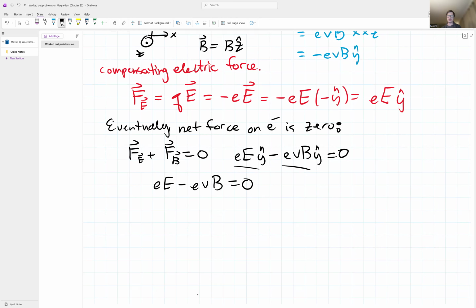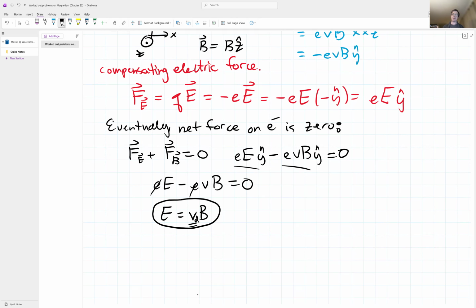And that happens when the charge times the electric field minus the charge times the speed of the electron times B is equal to zero. So we rearrange, the e's cancel, and we see that the electric field grows until it gets up to this magnitude. It means that electrons will collect and collect and create more and more electric field until the electric field is equal to the speed of the electrons, which is really the drift velocity, times the B field that we have there.